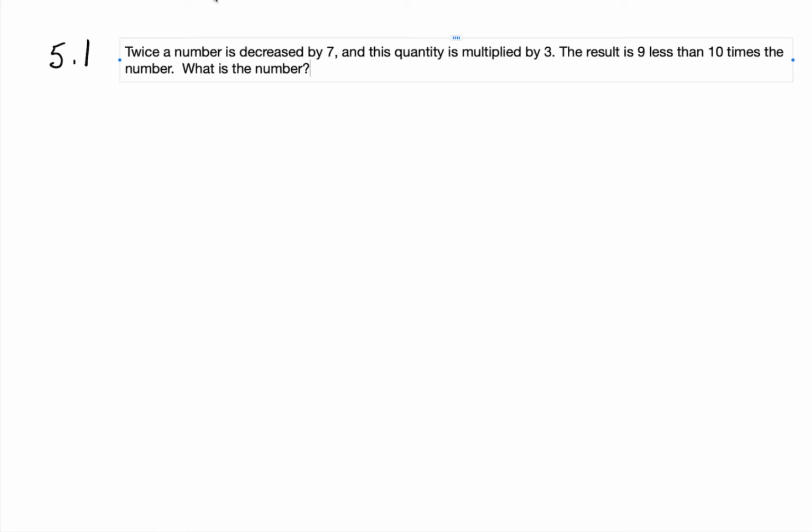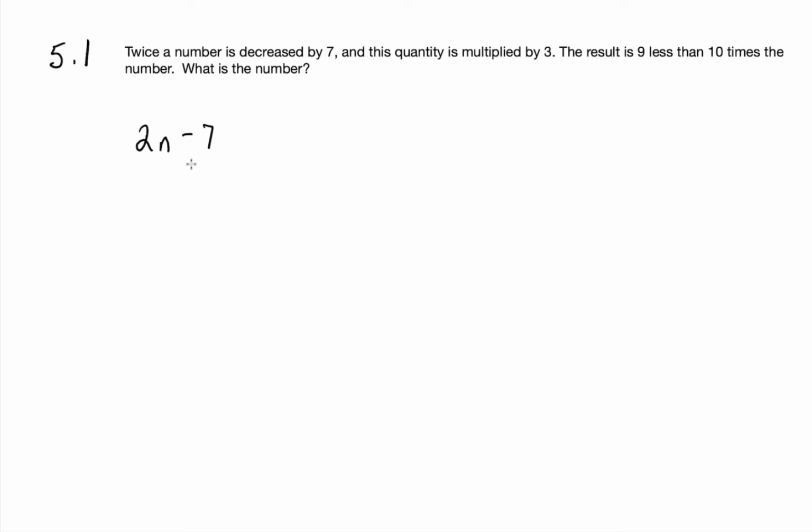All right, very good. So there's 5.1. I think next time I'll pause and type it and then let it pop up for you, because that'll save us some time. So twice a number is decreased by 7.